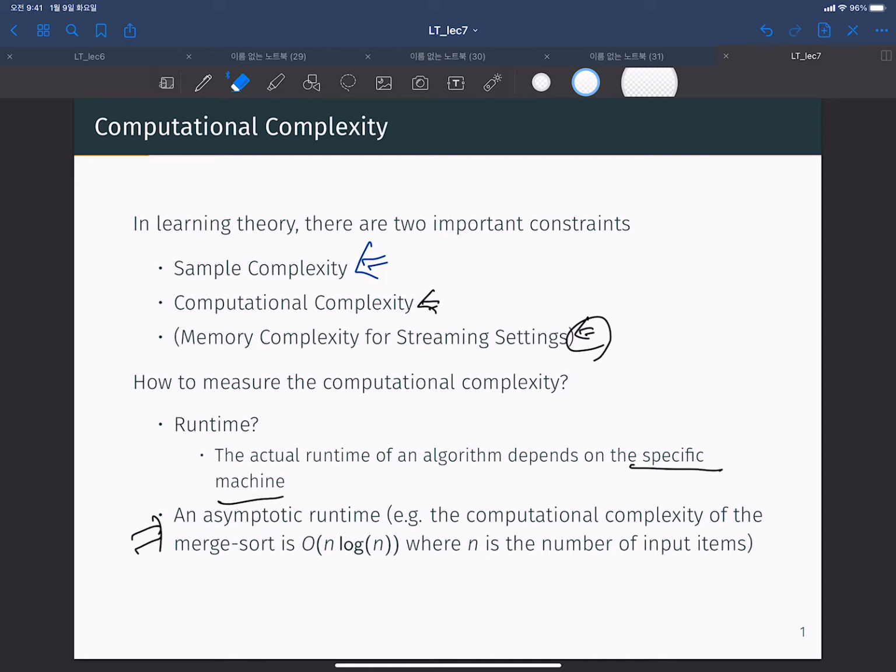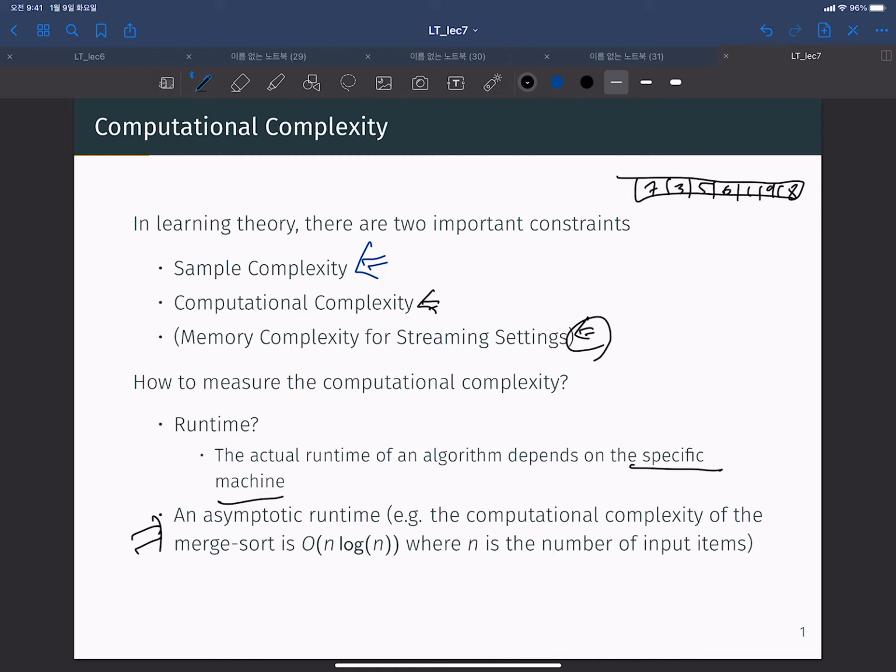Merge sort is a very simple sorting algorithm. Say we have data points 7, 3, 5, 6, 1, 9, 8, for instance, and we want to sort such numbers from largest to smallest.